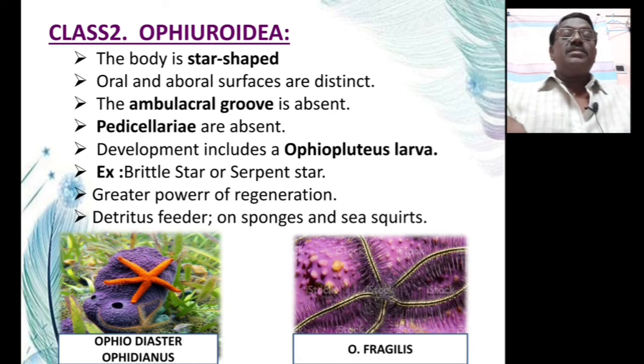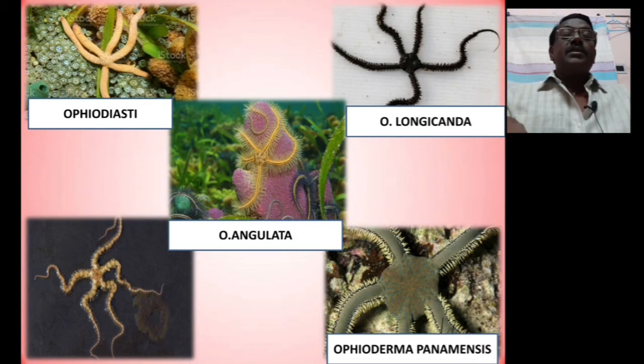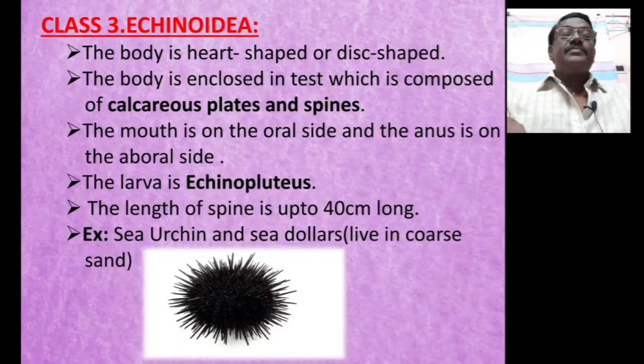Mostly these organisms are detritus feeders, and sometimes they feed on sponges and sea squids. Sea squids are otherwise known as sea potato or Heredimania. And these are the common examples of these OPHIUROIDs: Ophiuroidea longicanda, Ophiuroidea ungulata, Ophioderma panamensis.